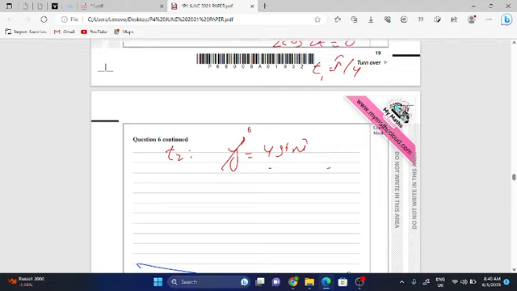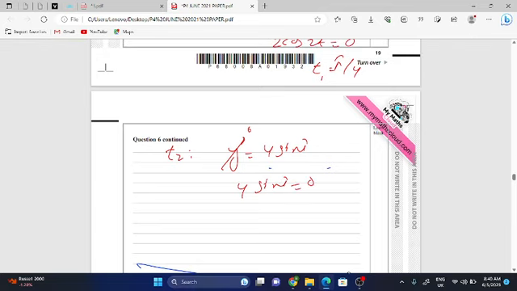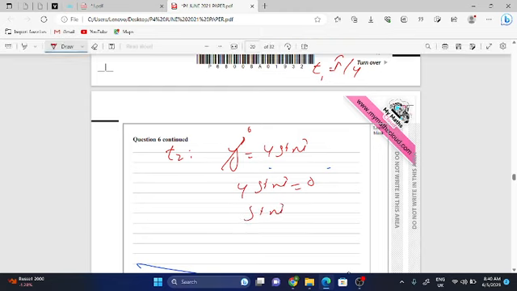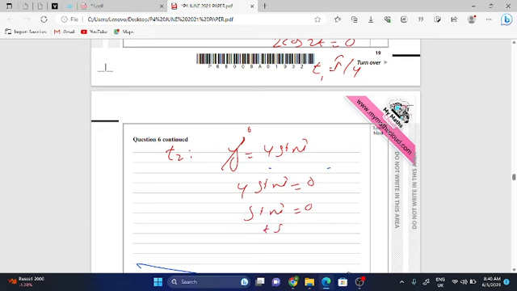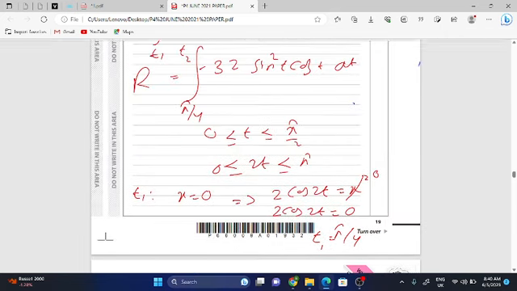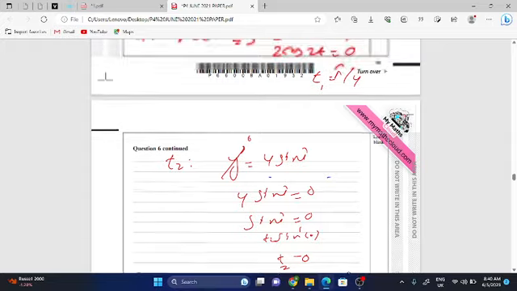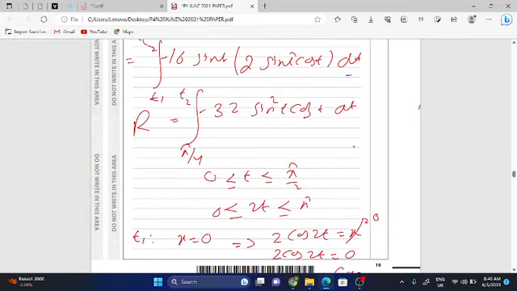When you plug in y equals 0, 4 sine of t equals 0, and sine of t equals 0 again, so t is the inverse sine of 0, which again gives you t equals 0, because it is lying in the range of 0 to pi by 2. So t2 should be 0. Plug its value back over here: instead of t2, that should be 0.